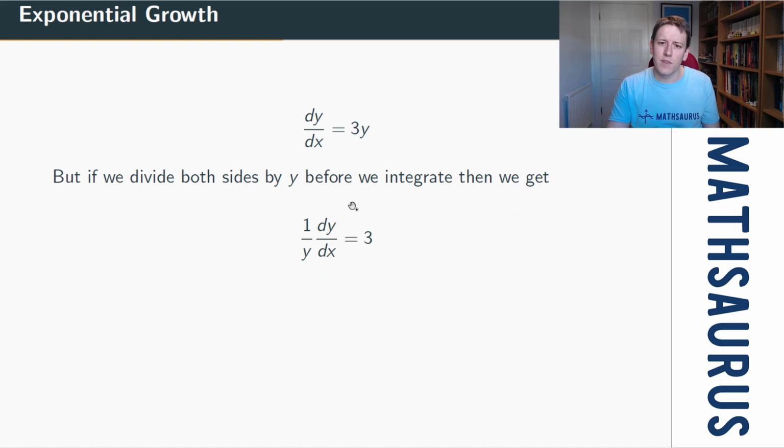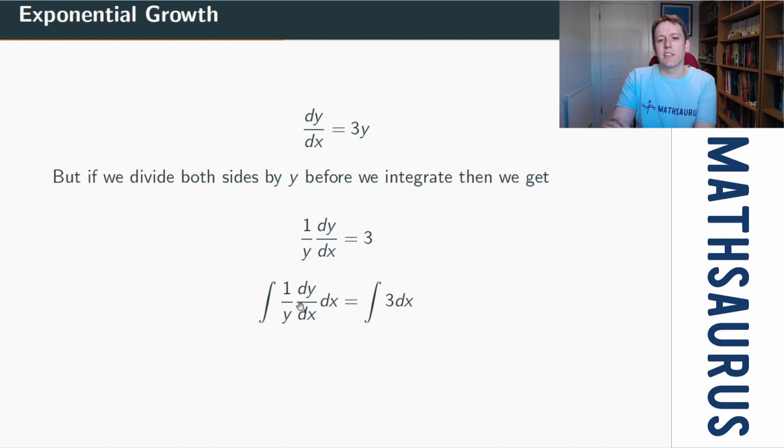So let's do something different. That strategy didn't help us solve it, but if instead we divide both sides by y before we integrate, we get 1 over y times dy by dx is equal to 3. Now if I integrate both sides of that equation, I get the integral of 1 over y times dy by dx equals the integral of 3 dx. The right-hand integral is super easy.